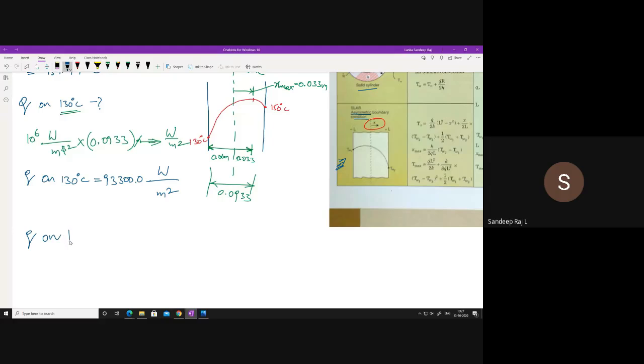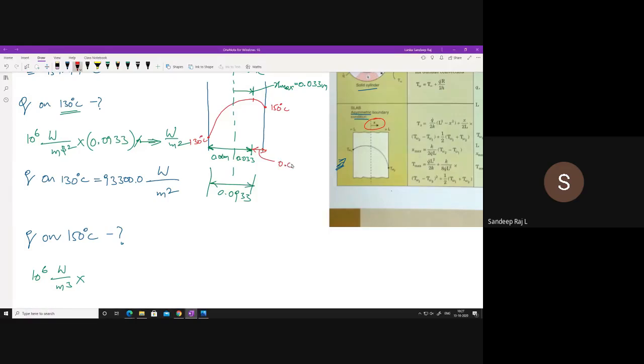Q on the 150 degree centigrade side, if you have to find out, what you should do is multiply the 10 to the power of 6, that is watt per meter cube, with this distance. Let me show it with the red color. This one. What is this one?